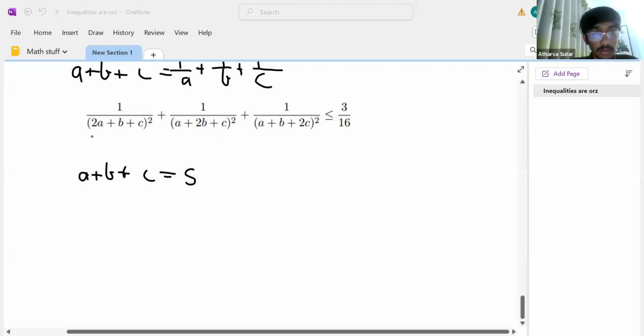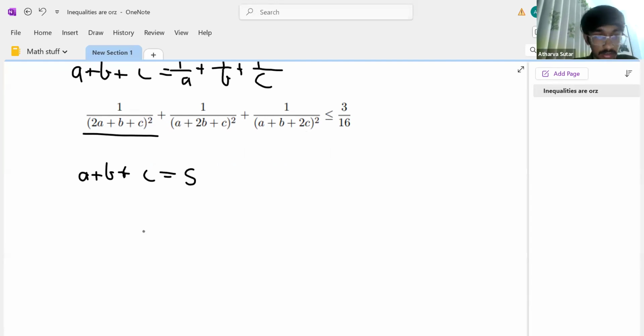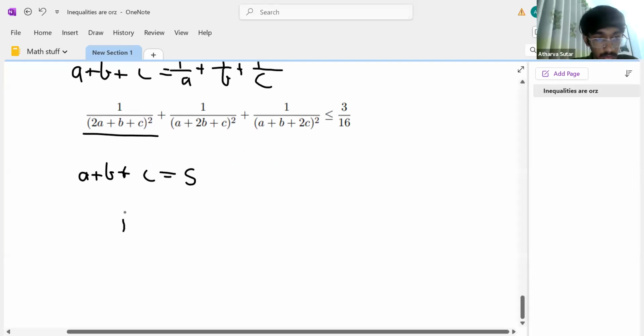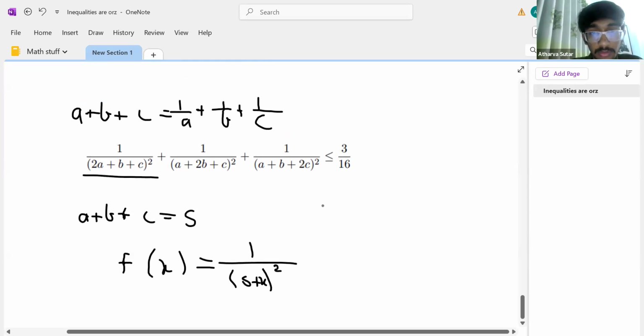You basically notice that in all of the denominators, it's like A plus B plus C and plus A, B, or C. So this gives us motivation to think of the function as f of x equals 1 by (S plus x) squared. Okay, now what do we do next? What is the continuation, what do we do on the RHS? That is the important part.